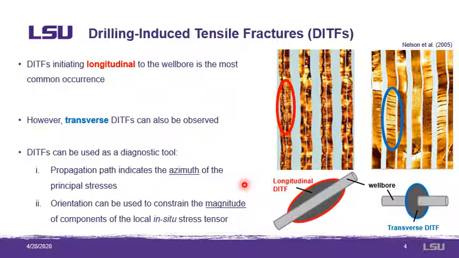In the oil field, we can get a direct estimate of SV using overburden calculations which geologists make. And we can get a direct estimation of SH min from data from leak-off testing performed during drilling. SH max is the hardest component of the in situ stress tensor to evaluate. However, using the orientation of DITFs, we can use a graphical method, which I will show later, in order to constrain the SH max.